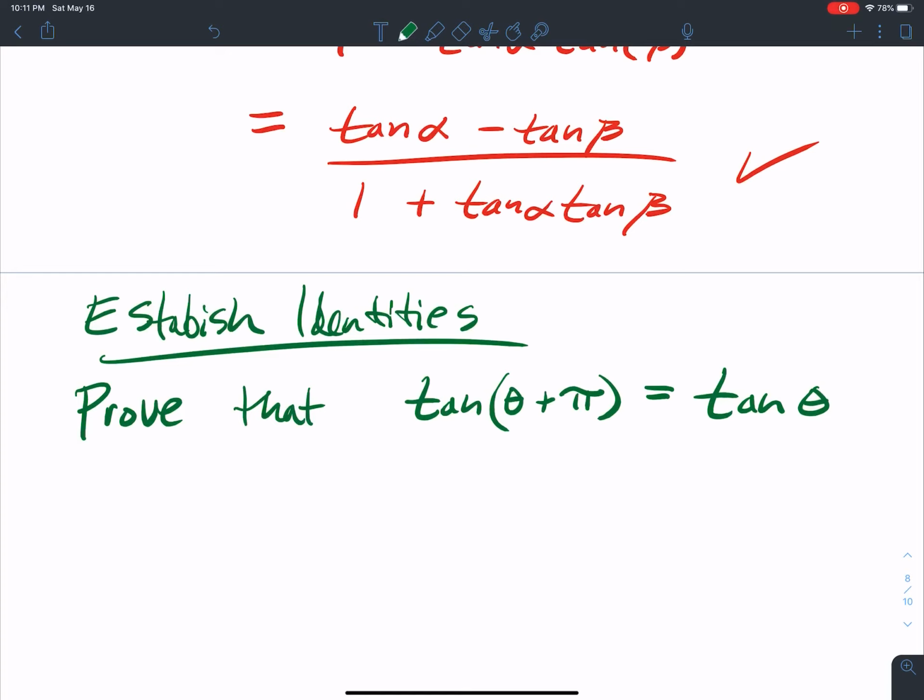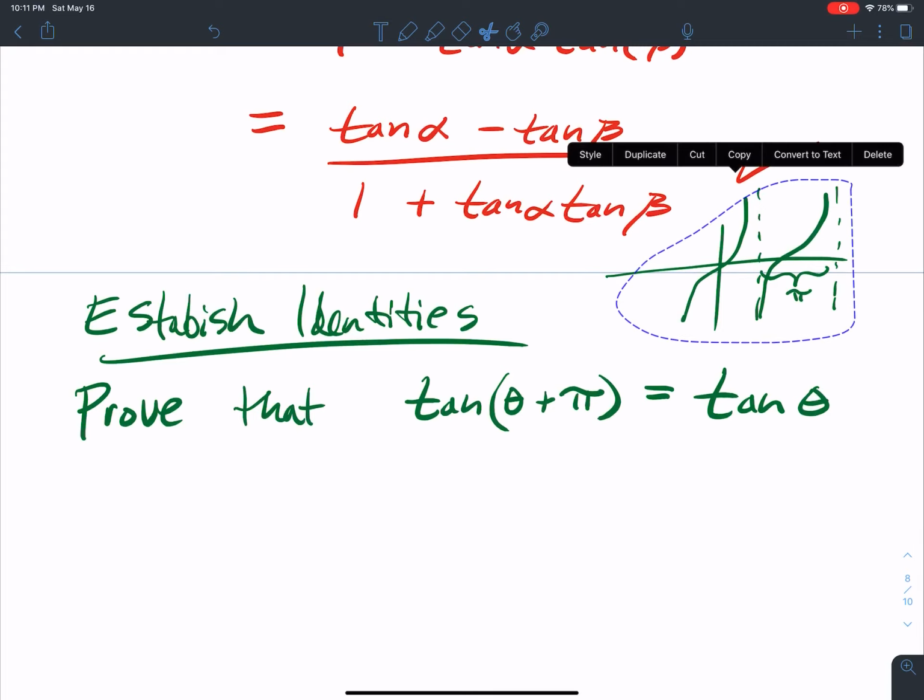Now this makes sense because tangent has a period of pi, so if we add pi to it, we just get right back to it. If you think about the picture of tangent, it looks like this. It just repeats after a length of pi.